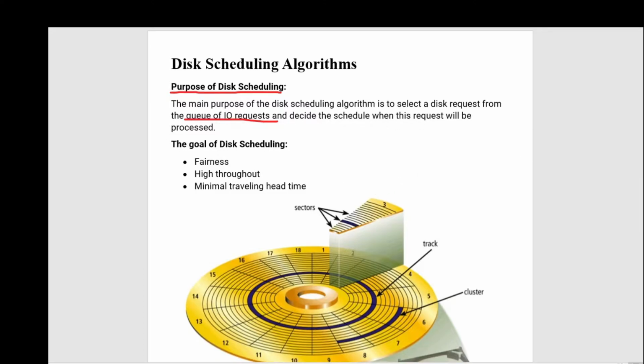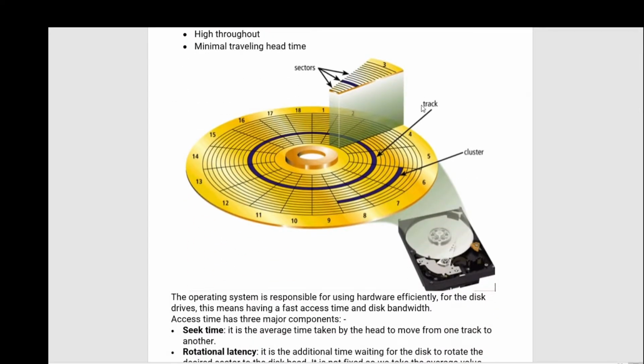You can look into the architecture of the hard disk. You can find we do have tracks, we do have sectors, and we do have clusters. Your data is stored on these tracks and a request is made to read these tracks.